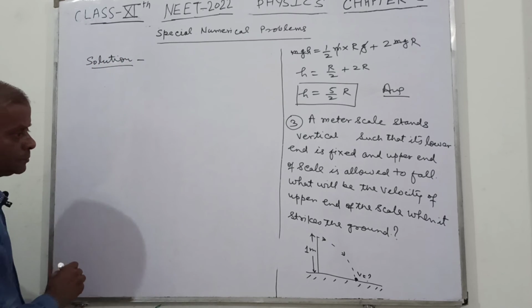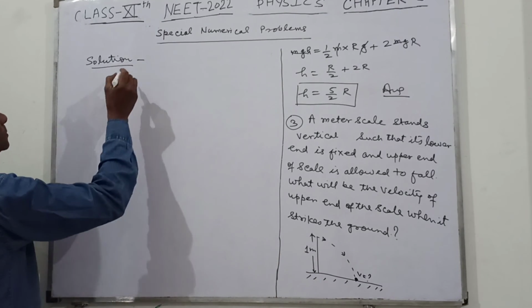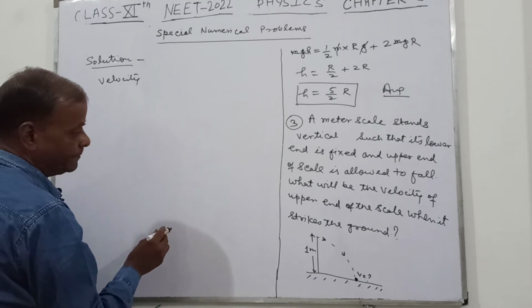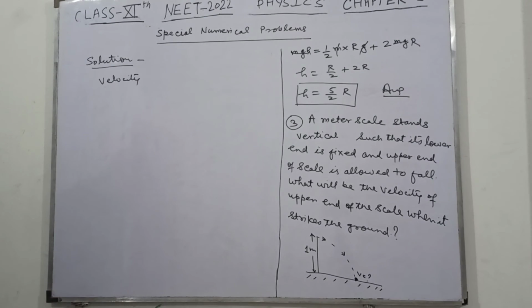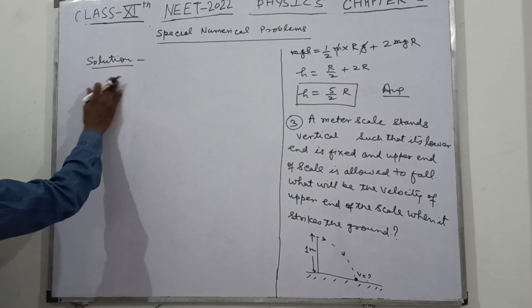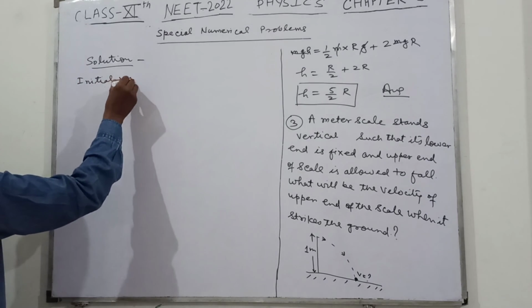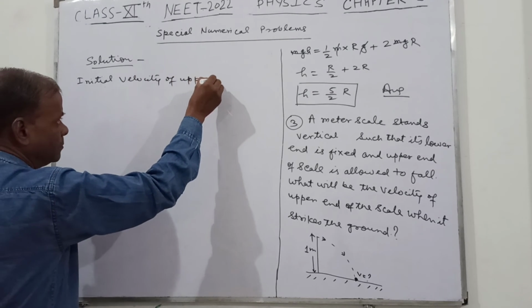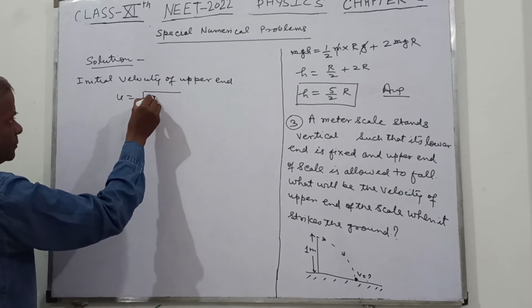So here the solution is: the initial velocity of the upper end u equals square root of rg.